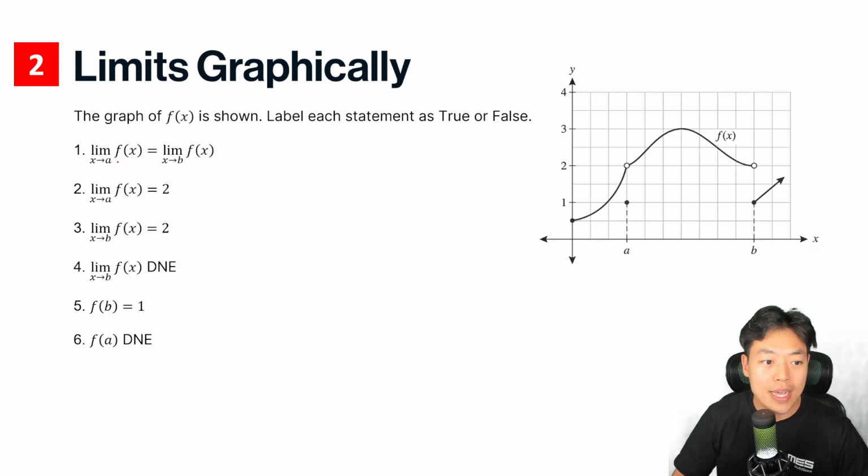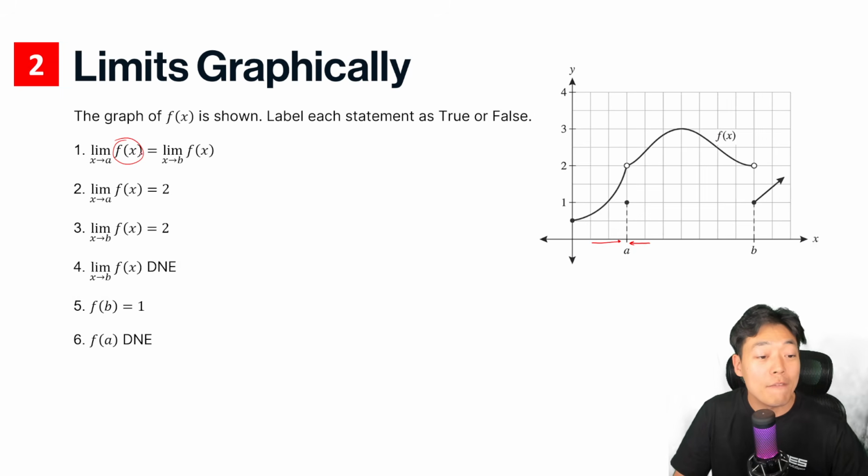The limit of f of x as x approaches a. What in the world does that mean? That means as x approaches a from either side, the value that my function is approaching, the y value, is the same.